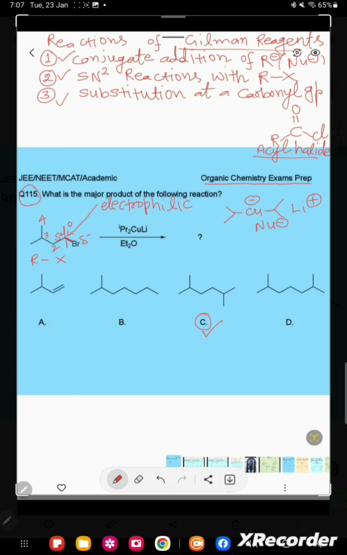So the first is not correct because this is the product of an elimination reaction.